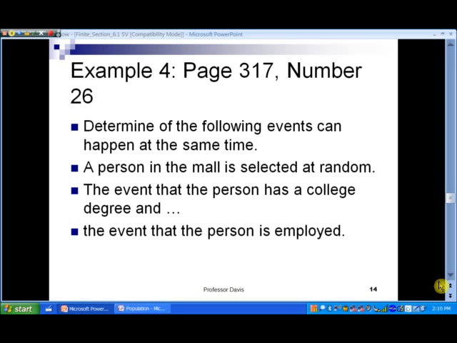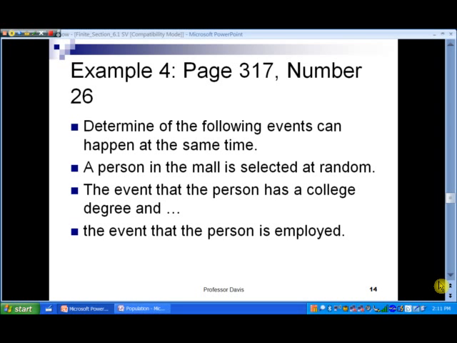So how about this? Let's determine if the following events can happen at the same time. Think of an experiment where a person in a mall is selected at random. The first event is that the person has a college degree. So you could go up and query someone to see if they have a college degree or not.